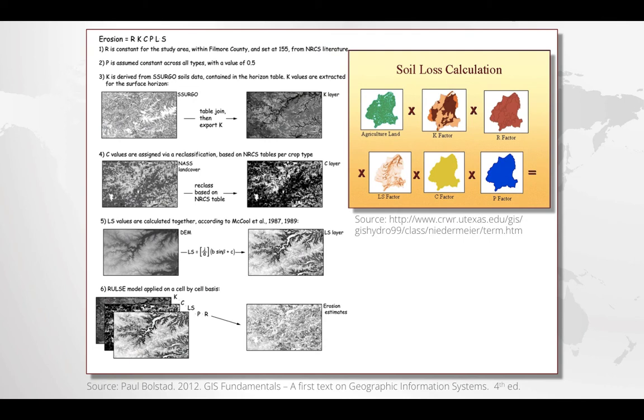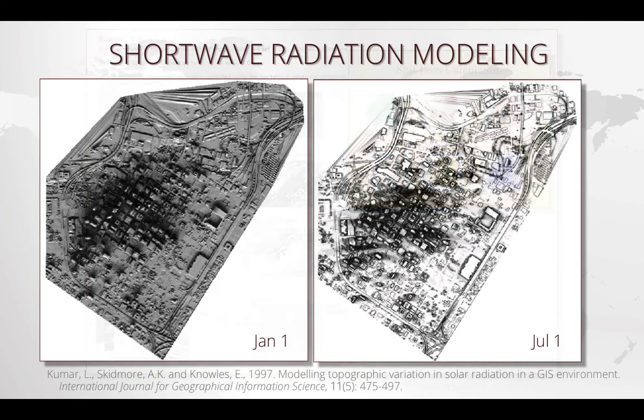And here's just one example of using the universal soil loss equation. Actually, a couple examples. One's from your textbook. The other's from a student who did this at the University of Texas. So you can use this universal soil loss equation based on many different types of data sets, including some examples I've seen from outside the United States where they're getting information about cropping and so forth from satellite images. So an example of a simple spatial model.